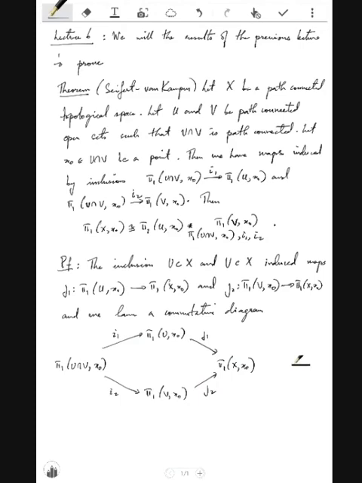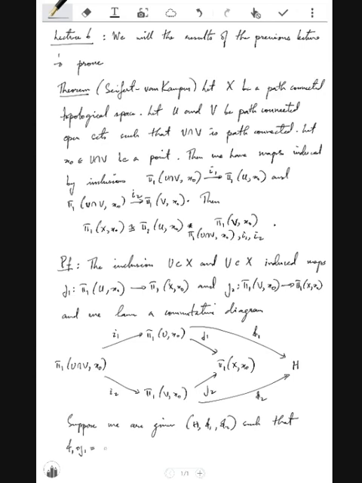So suppose we are given another triple H and maps phi 1 and phi 2 such that phi 1 compose I1 is equal to phi 2 compose I2.